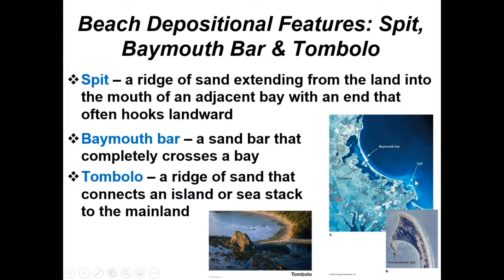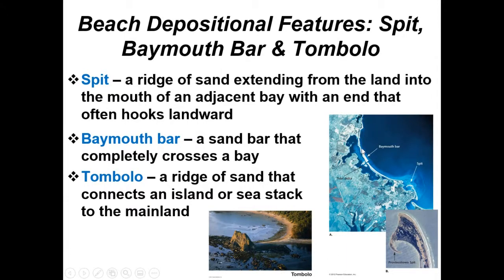As water slows down, the water is naturally making a hooked movement as well. And as it's slowing down as it gets into that bay area, it's depositing sand in that hooked appearance. So that's how a spit forms.